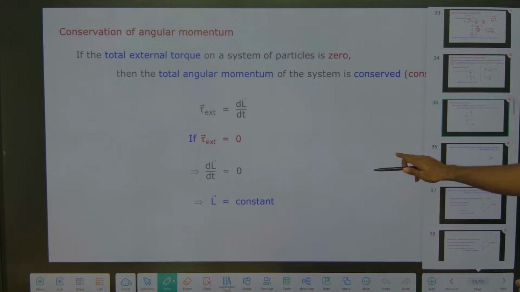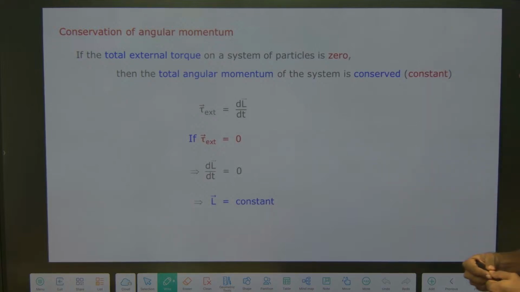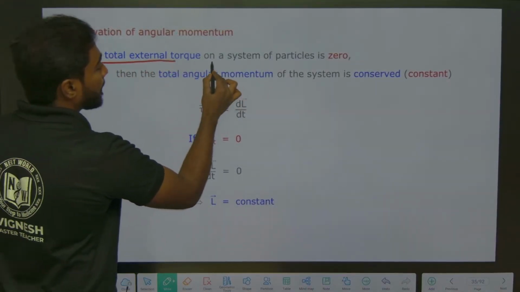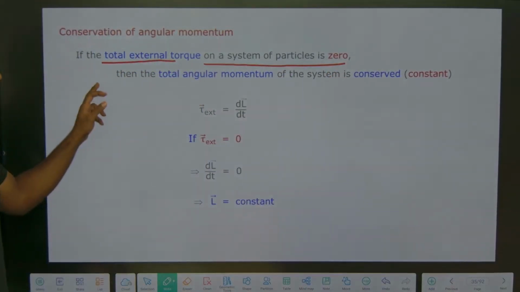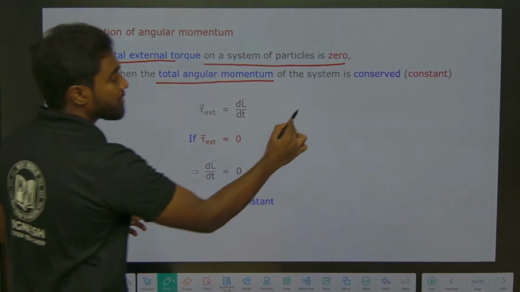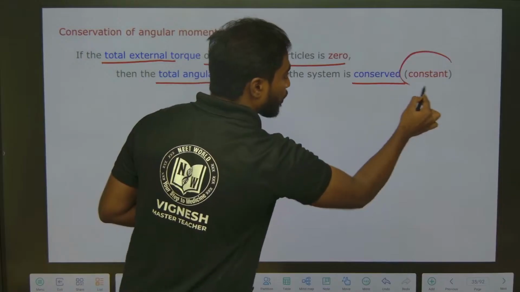So next is conservation of angular momentum. If the total external torque on a system of particles is 0, then the total angular momentum of the system is conserved, which means constant.